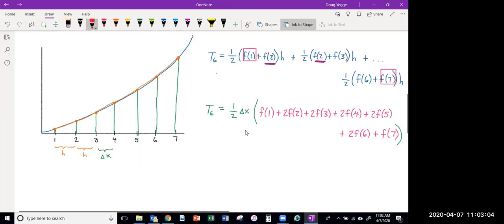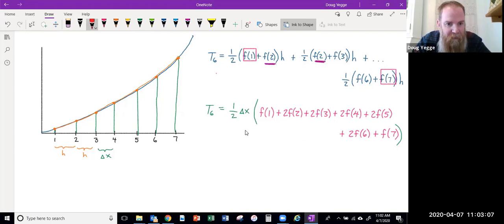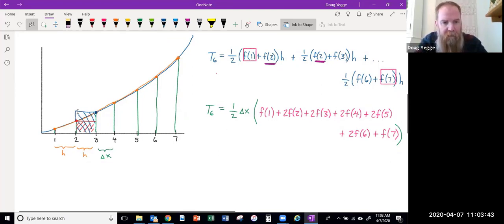And there's a simple reason, because let's just look at one rectangle here. If I used this as the left endpoint, notice that I'd be using a left endpoint, so this would be the approximation. Or if I used the right endpoint, then this would be the approximation. Both of these are pretty poor approximations, but you can see all of this white area here is kind of the extra.